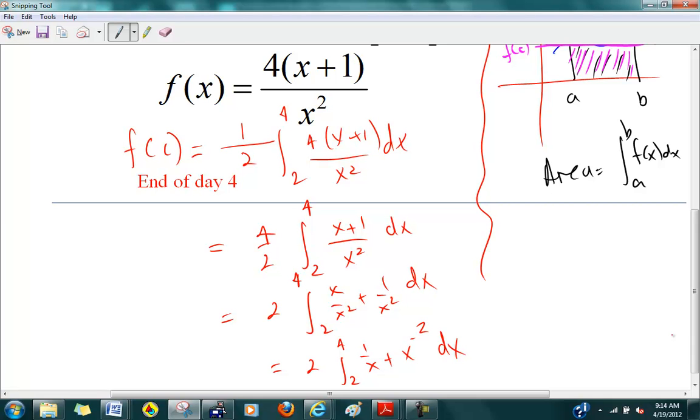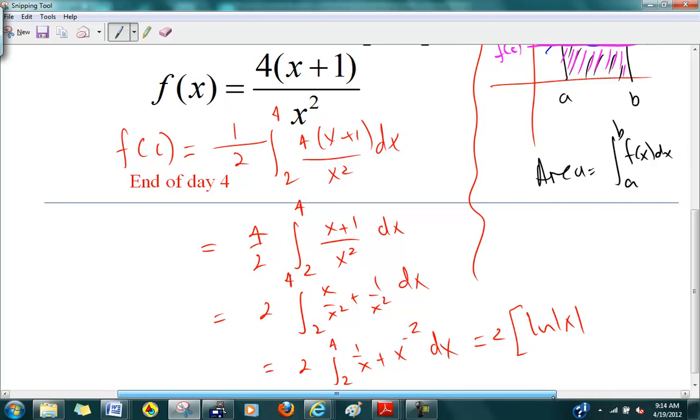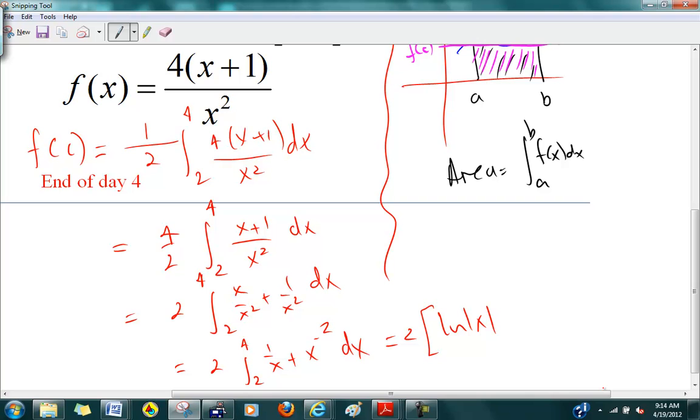1 over x. Integral of 1 over x, people. ln x? Yeah? So ln absolute value of x, is everybody there? Integral of x to the minus 2. Do you mind if I write it like this, Henry?